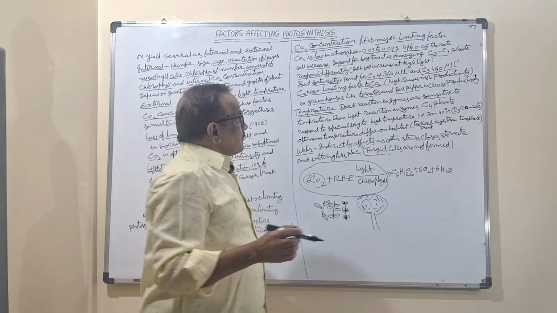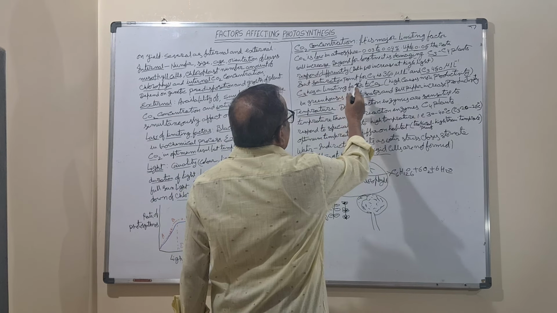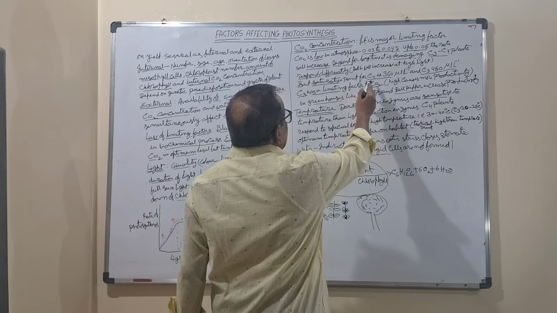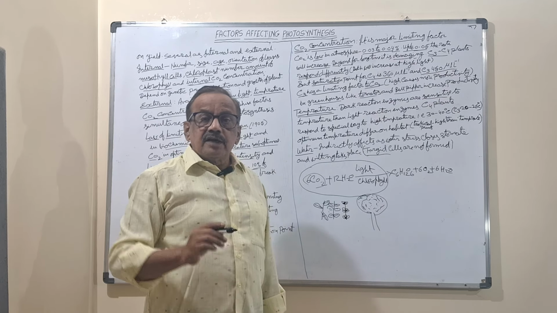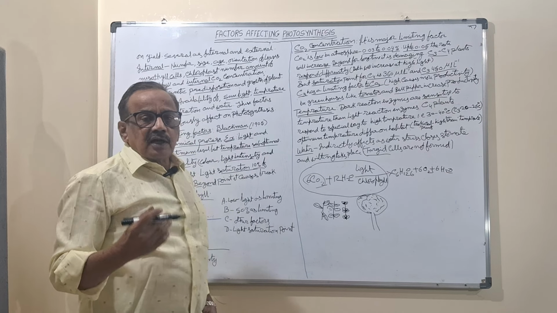Whereas the saturation point of C4 is 360 microliters per liter. That is 0.036. In natural conditions, C4 plants can survive and do the maximum productivity, but above that, the saturation point is more in C3 plants.